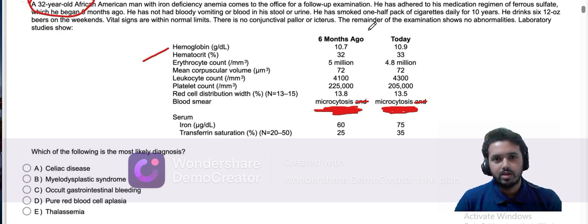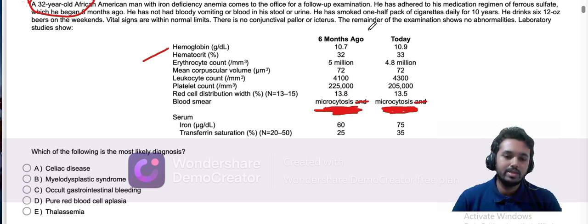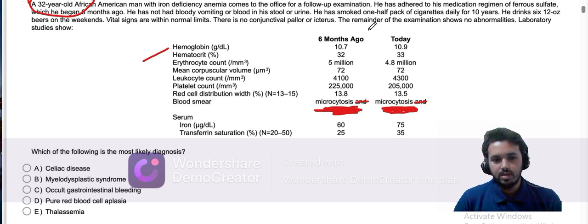Pure red blood cell aplasia is a rare condition, and in that case it almost completely destroys the red blood cell lineage. So we should expect that this patient's hemoglobin level is much lower, like 7 to 8 grams per dL. But this patient has hemoglobin level 10.7 or 10.9 today. So this is mild anemia, so it cannot be pure red blood cell aplasia.